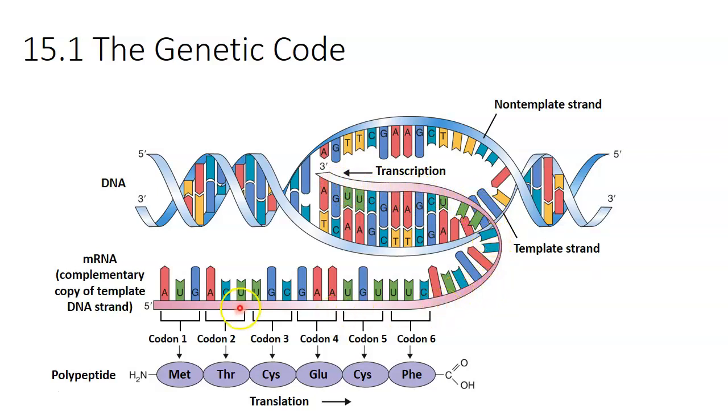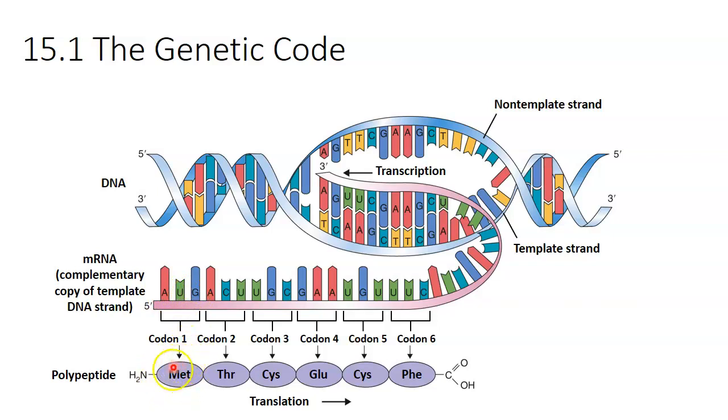Okay, that will then be read 3 bases at a time, or codon at a time, by the ribosome. And the tRNA molecule will bring in the appropriate amino acid according to the codon. And so AUG, that actually codes for start. And when we start, we always bring in the same amino acid.